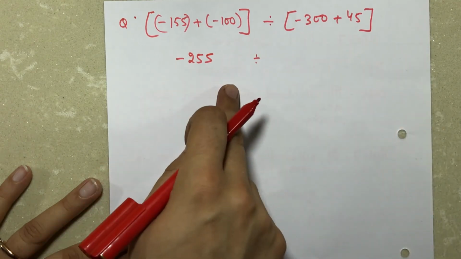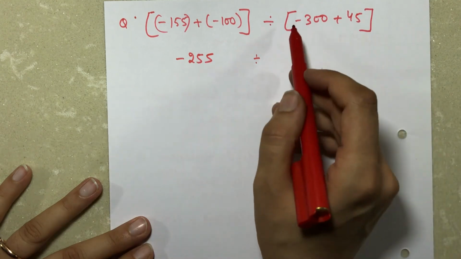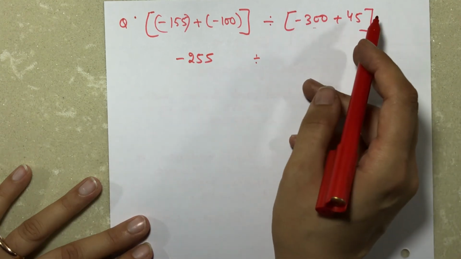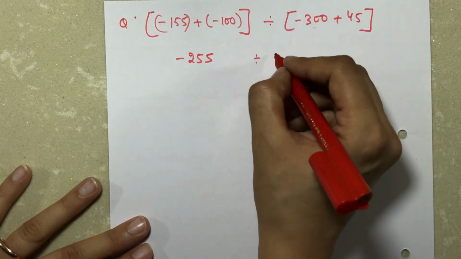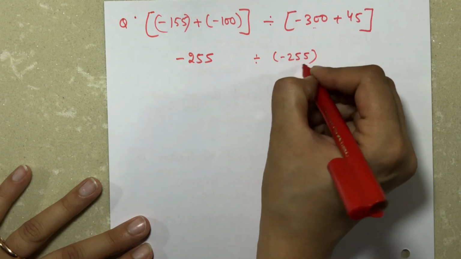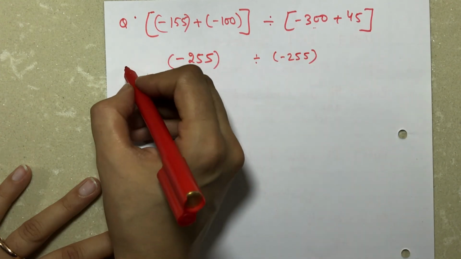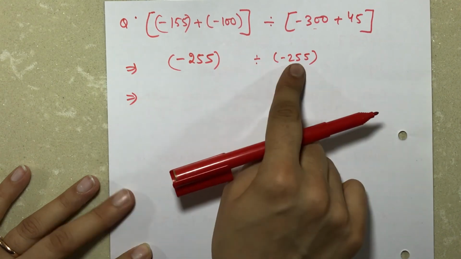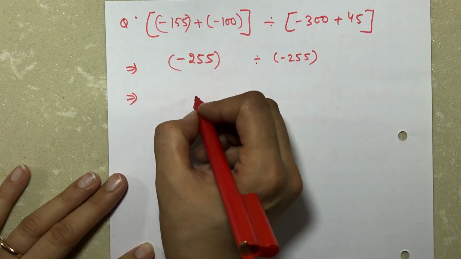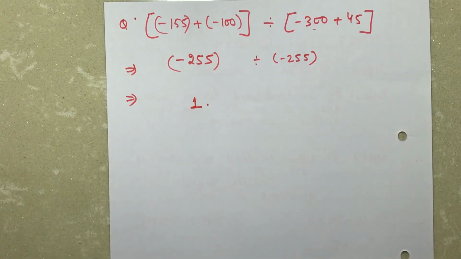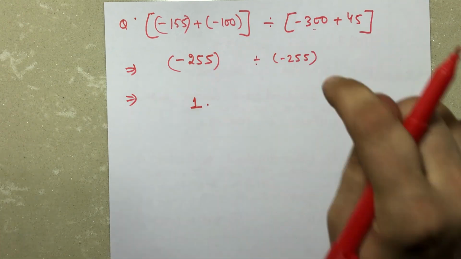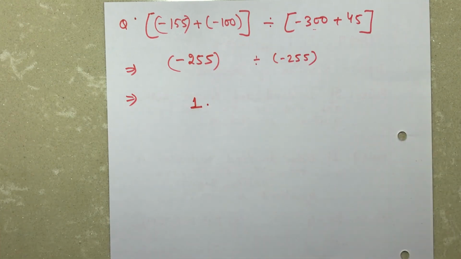So I'm not explaining it here, keeping the video short. Minus 300 plus 45 again gives me minus 255. Now I have like signs here. When I have like signs, my answer remains positive, and the answer is going to be 1, because 255 divided by 255 gives me a number 1.